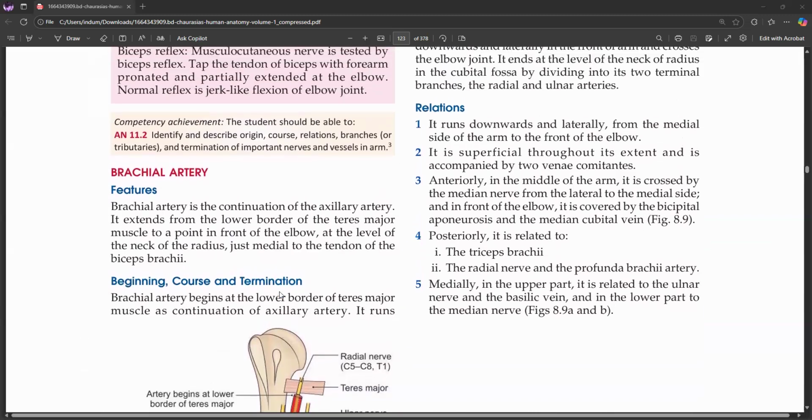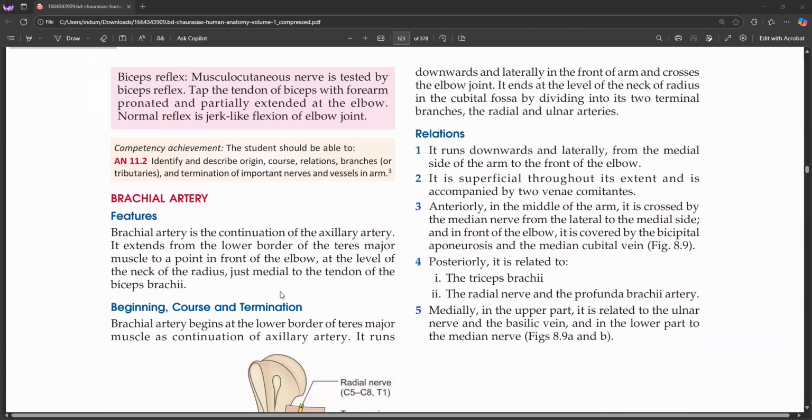Brachial artery begins at the lower border of teres major muscle as continuation of axillary artery. It runs downwards and laterally in front of arm and crosses the elbow joint. It ends at the level of the neck of radius in the cubital fossa by dividing into its two terminal branches, the radial and ulnar arteries.